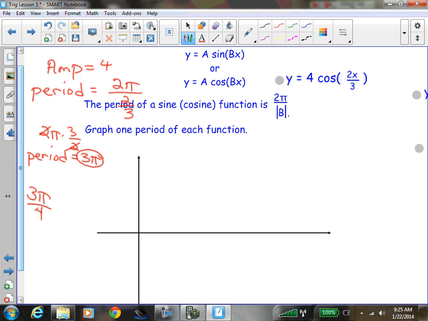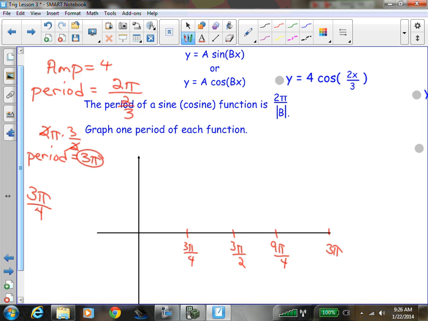So I'm going to write that this is 3 pi over 4, and then 2 times 3 pi over 4 will be 6 pi over 4, which is 3 pi over 2. 3 times 3 pi over 4 will be 9 pi over 4. 4 times 3 pi over 4 will be 3 pi.